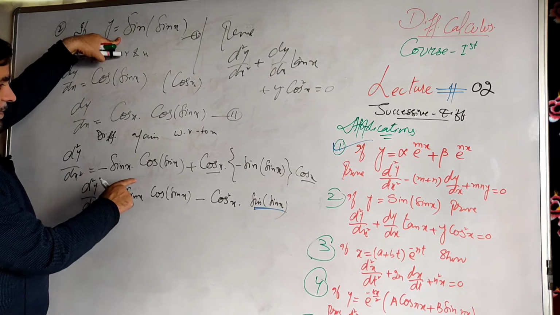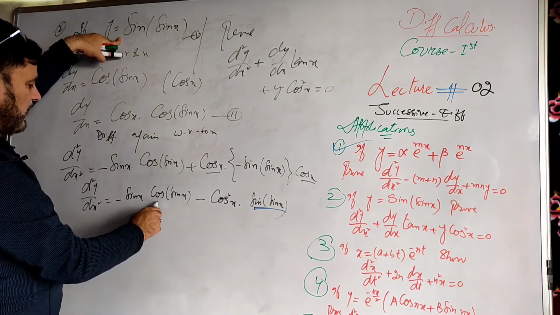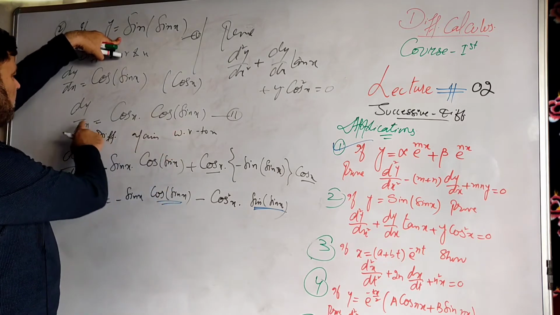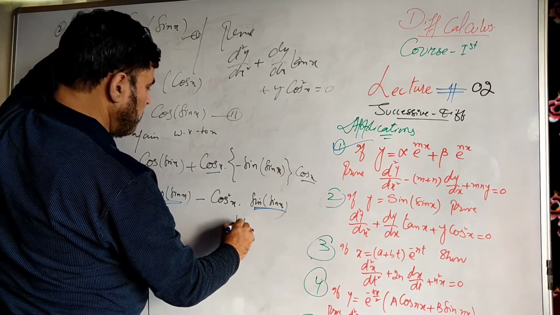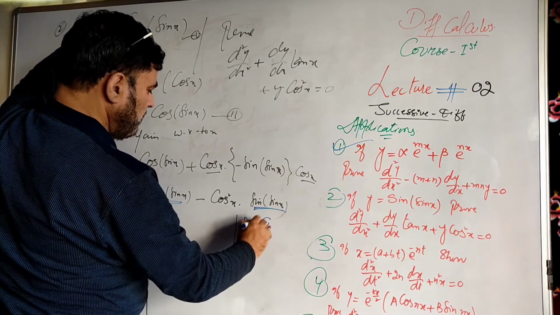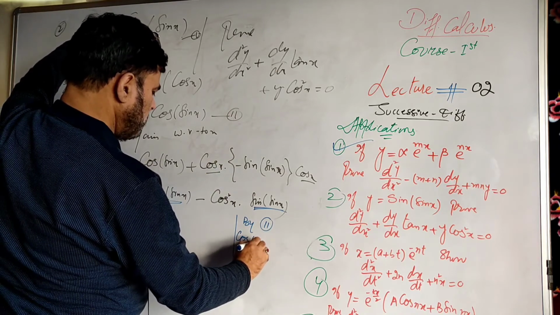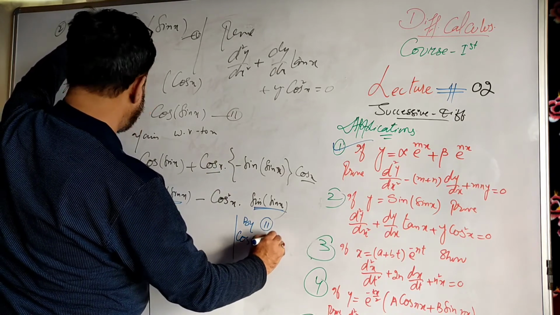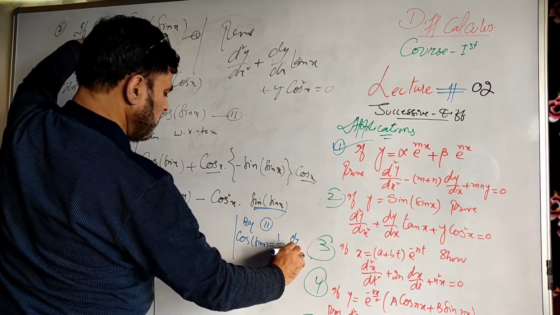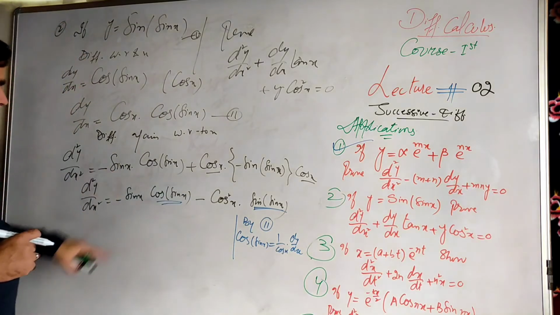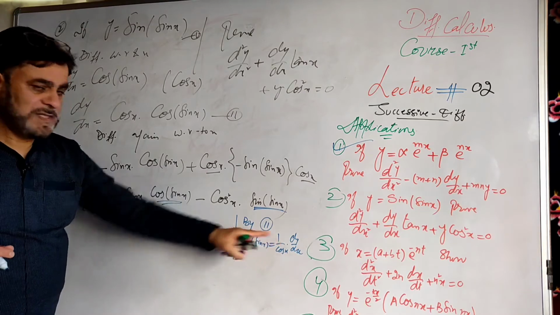Now here from the second we have cos of sin x. I will write this cos of sin x will be 1 by cos x dy by dx, by the second. I will replace this cos of sin x by 1 by cos x dy by dx.